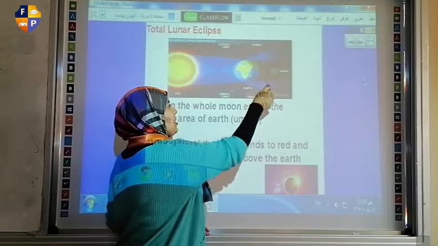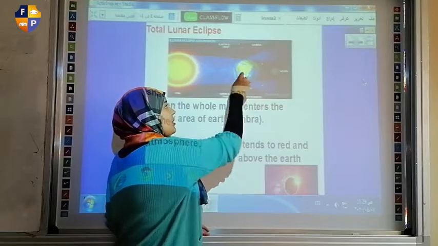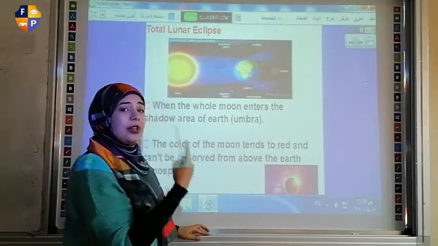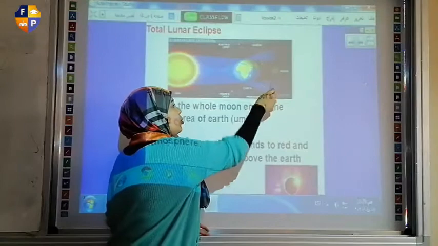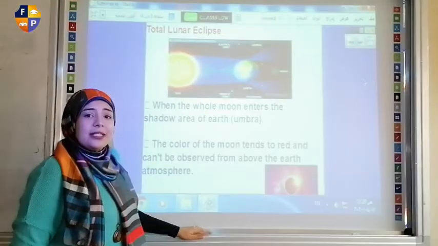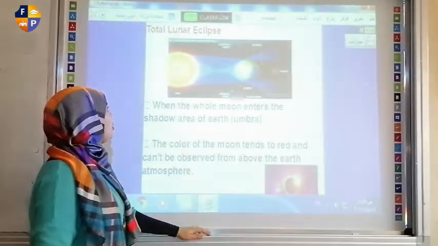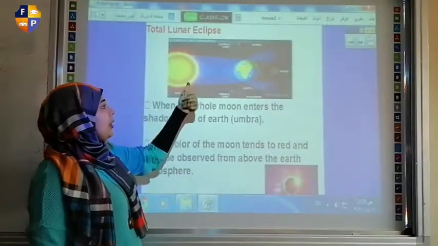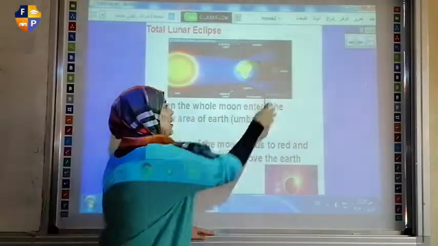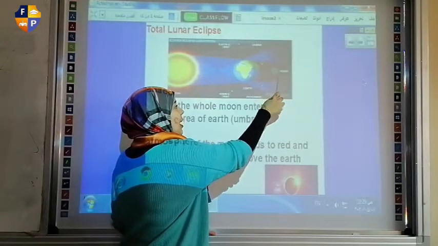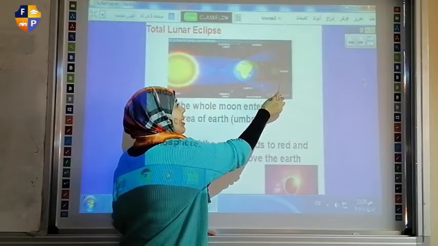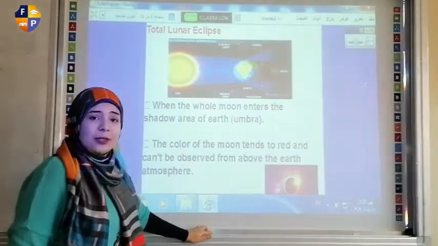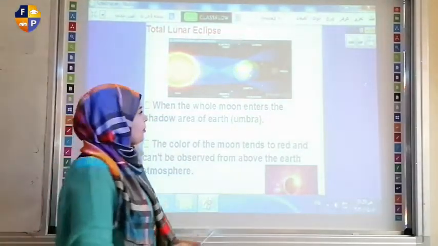So the first type of lunar eclipse is total lunar eclipse. It happens when the whole moon becomes in the umbra region, and in this case we will see the moon as red color.